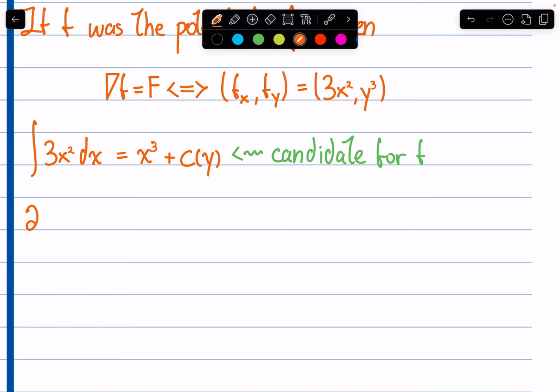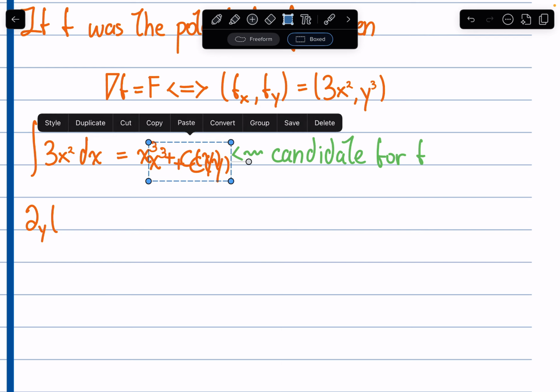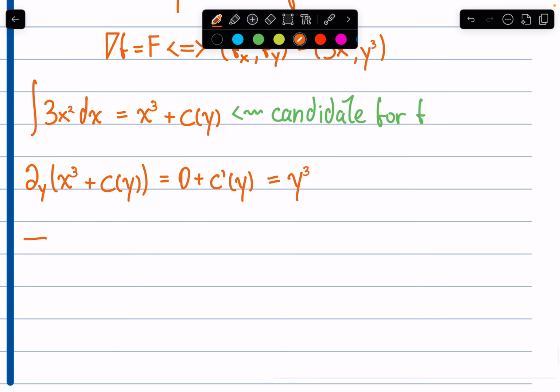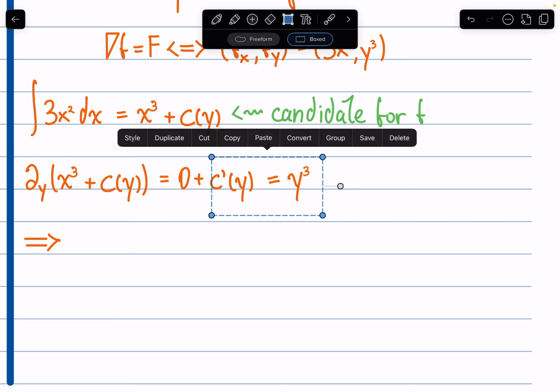Differentiating this with respect to y leads us to this function c prime of y, but this should also match this expression y cubed. It must happen then that the integral of c prime of y is the integral of y cubed.